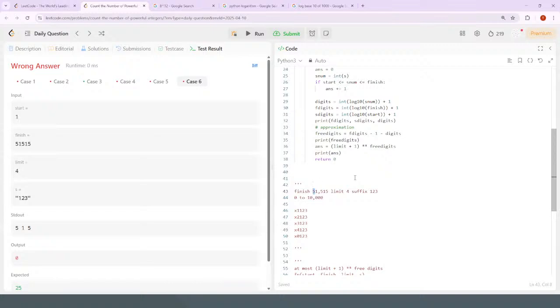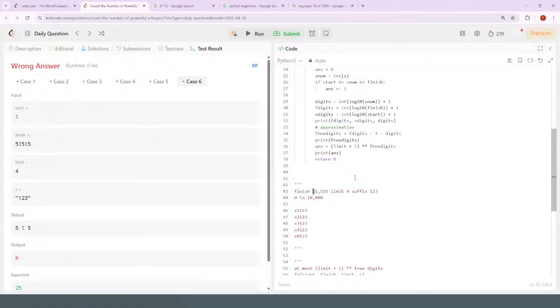So you could do something where you look at the number of powerful values between 0 and 10 to the power of your second digit.